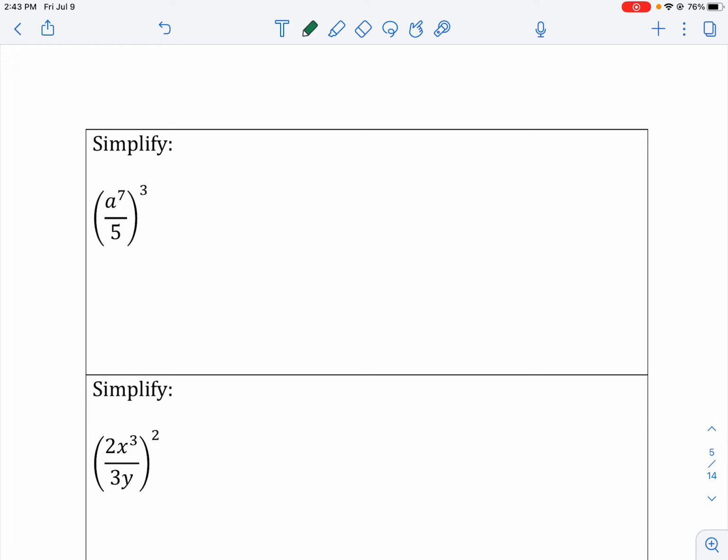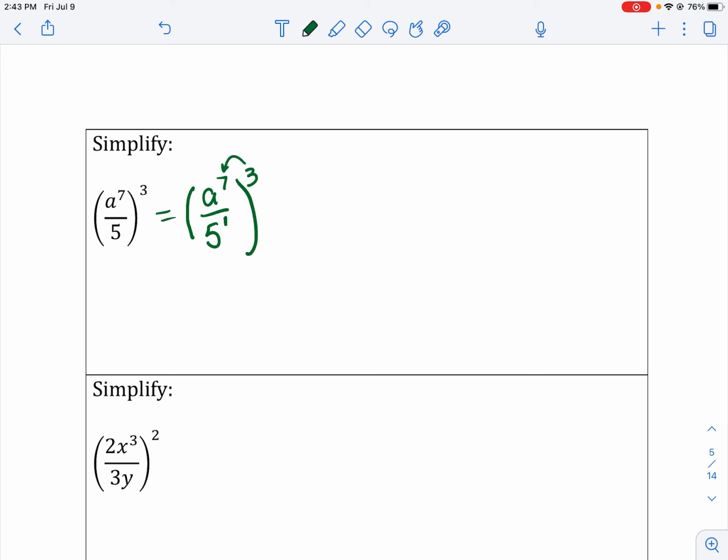Now, power to a power. Just like last section, when we have a power to a power, everything inside the parentheses has an exponent, even if an exponent is not written. So this 5 in the denominator did not have an exponent written. If there is not one there, we put a 1 in its place. 3 is on the outside, and again, we are going to distribute that exponent on the outside to all of the exponents on the inside.